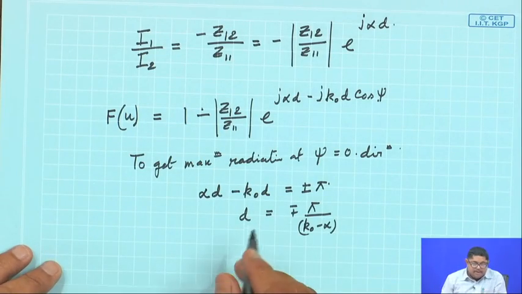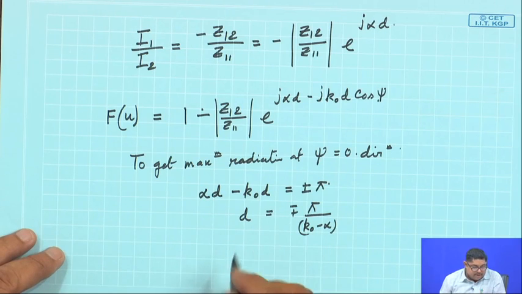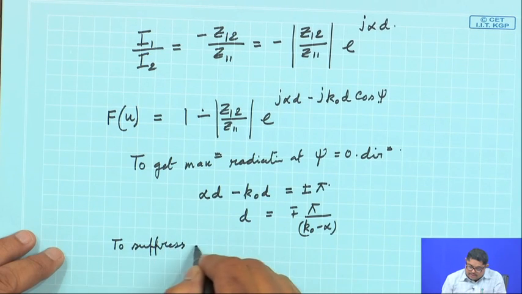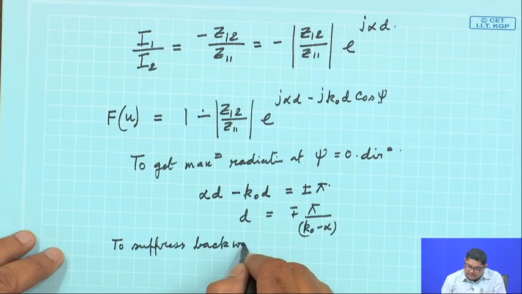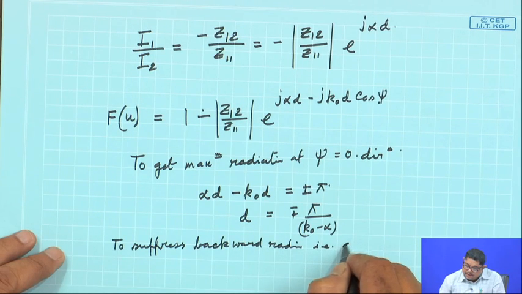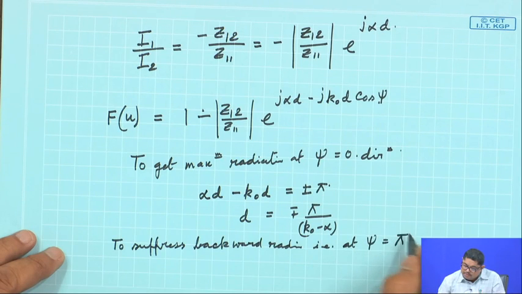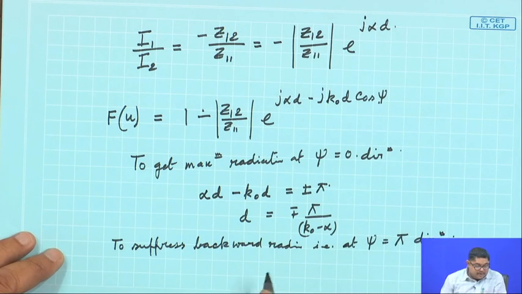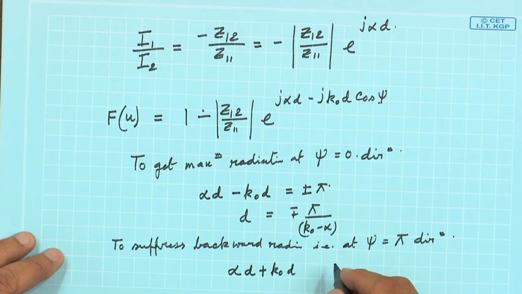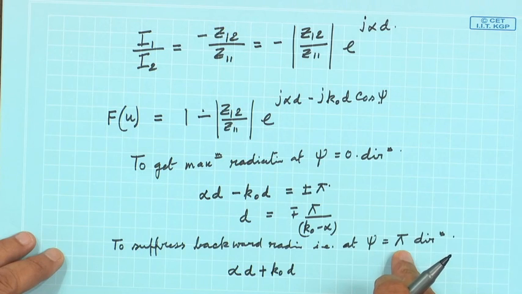So, what is the condition? That means we want to suppress the radiation in the backward direction. So, to suppress backward radiation, I at phi equal to pi direction, we require alpha d plus k naught d, because in that direction cos phi is minus 1.